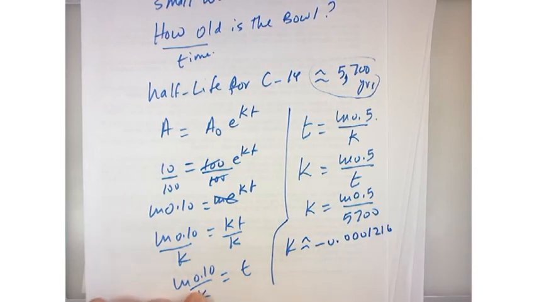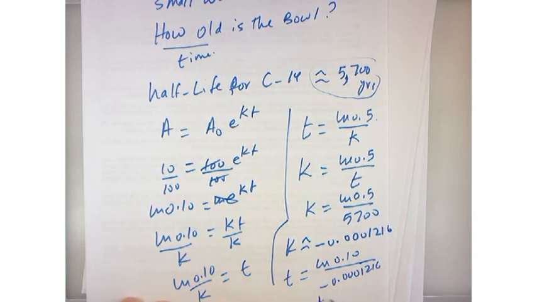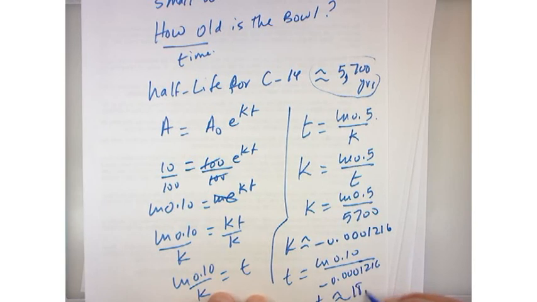Then t is ln of 0.10 over negative 0.0001216. So that ball is about 18,900 years old, which is pretty old. And that ends 11 altogether, 11.7. All right.